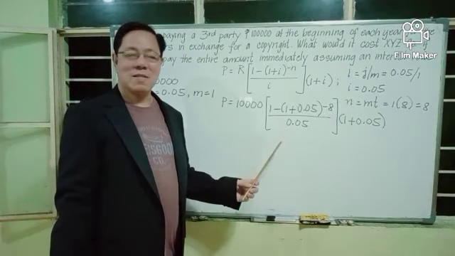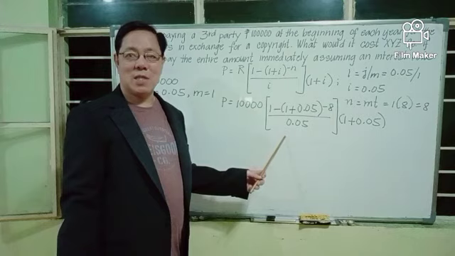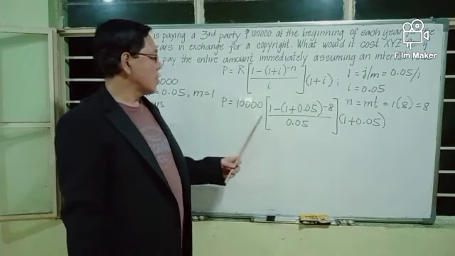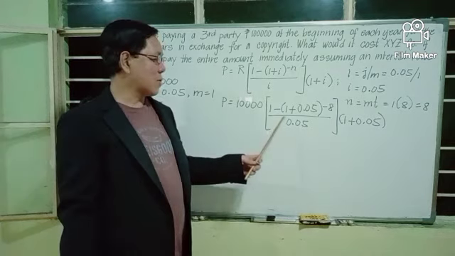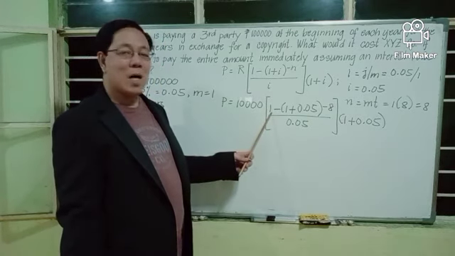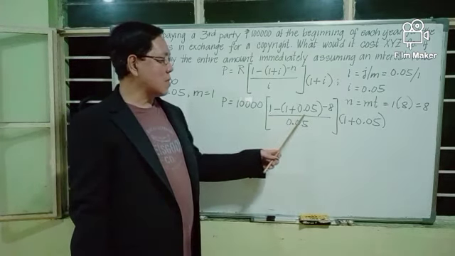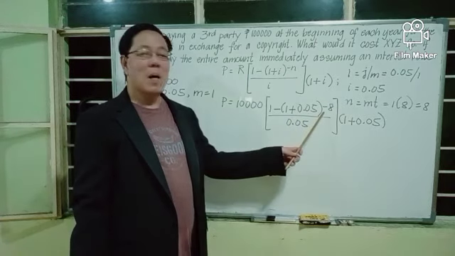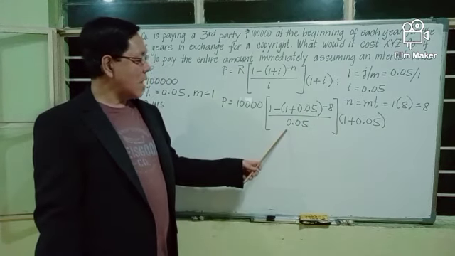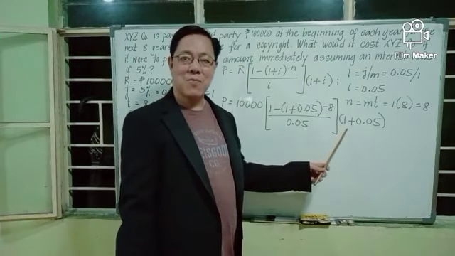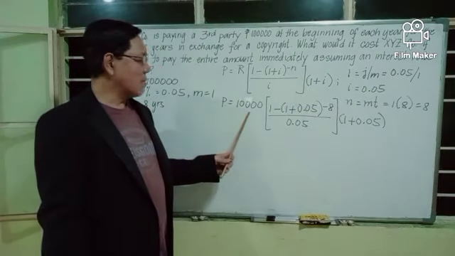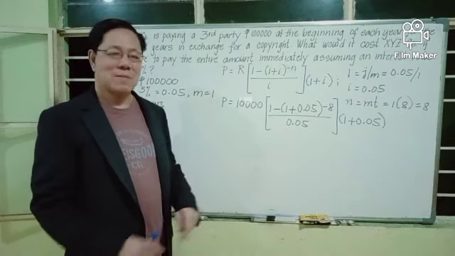Again, we can compute this directly using your calculator. You enter these numbers directly into your calculator and you compute 1 minus quantity 1 plus 0.05, or 1.05, to the power minus 8. The answer divided by 0.05 and the answer multiplied by 1.05 and multiply again by 100,000 pesos.